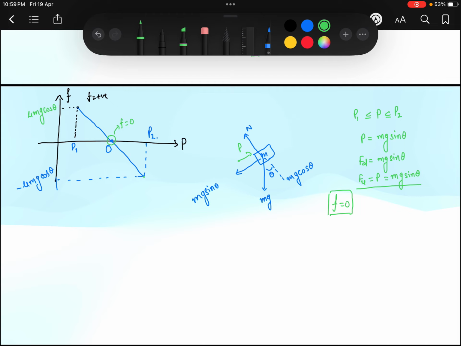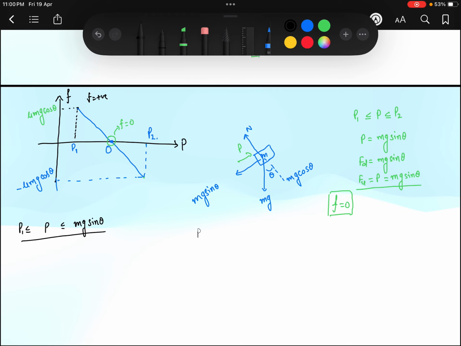Now we can also take that, let us assume your P is somewhere between P1 and mg sin theta, and the other case, between mg sin theta and P2.